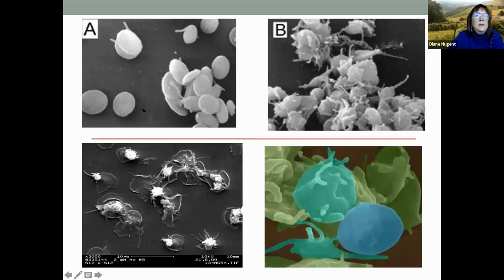Again, here's the platelets starting to get activated. And one of the things that these long fingers do is that they begin to stick and actually form adhesions to that. You can imagine the blood's flowing through like crazy, but the platelets have to stick. And as they stick, they begin to spread.